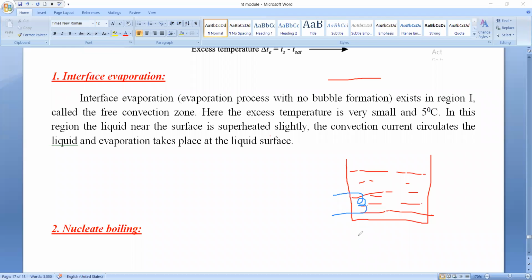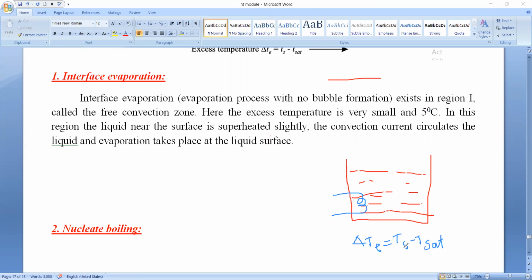If delta T stands for excess temperature, it is the difference between the surface temperature of the platinum wire and the saturation temperature.